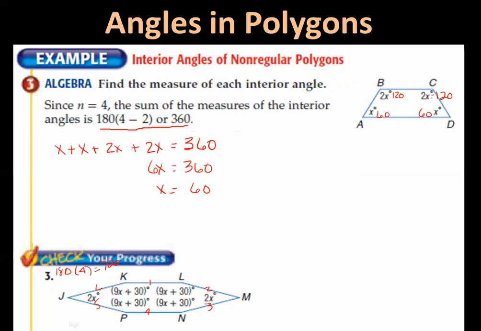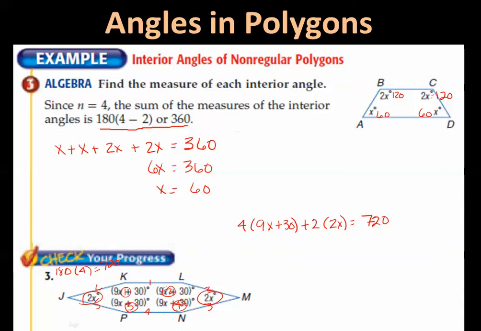So there's 4 of these, there's 1, 2, 3, 4. So I'm going to say 4 multiplied by (9x plus 30), and then there's 2x plus 2x is going to equal 720.